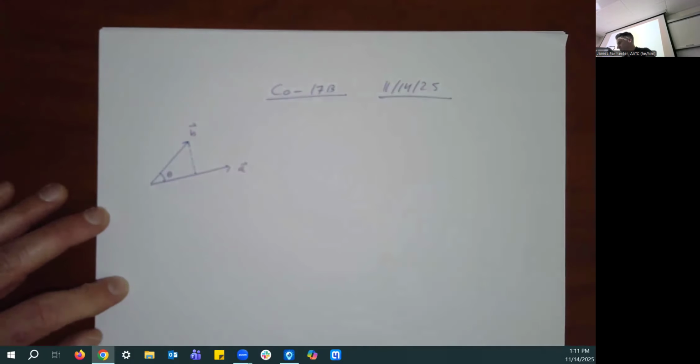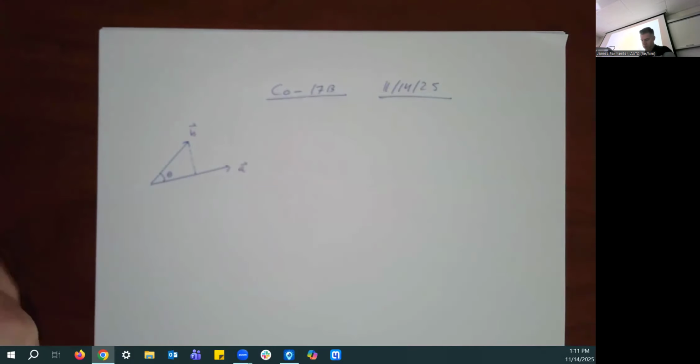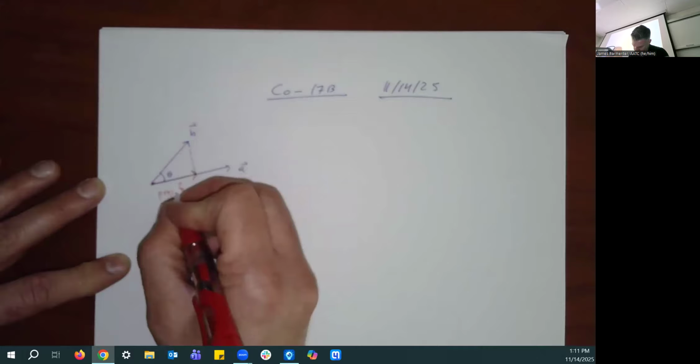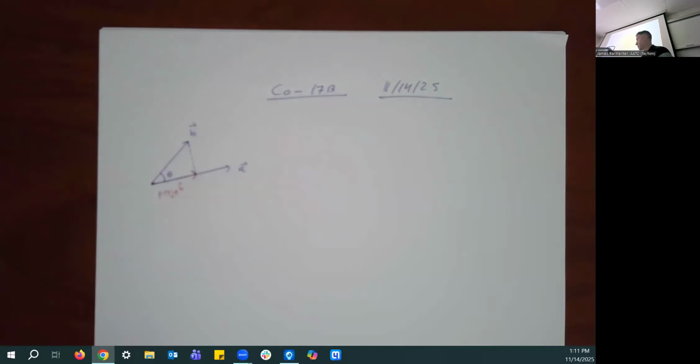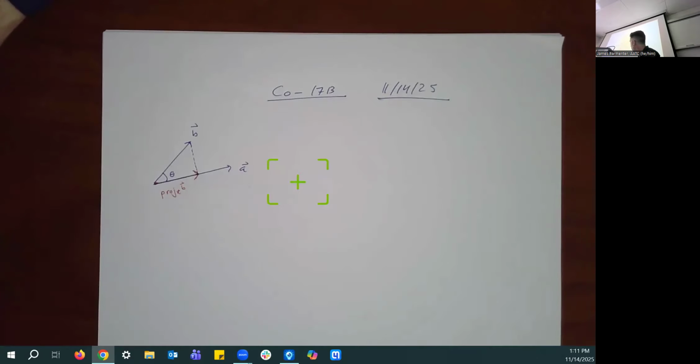And this vector here, that is the projection of B onto A. And we calculated it last time. That's better.